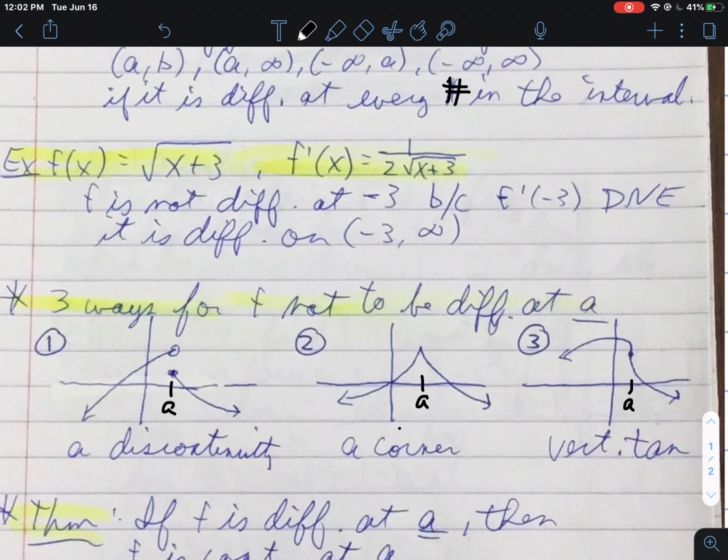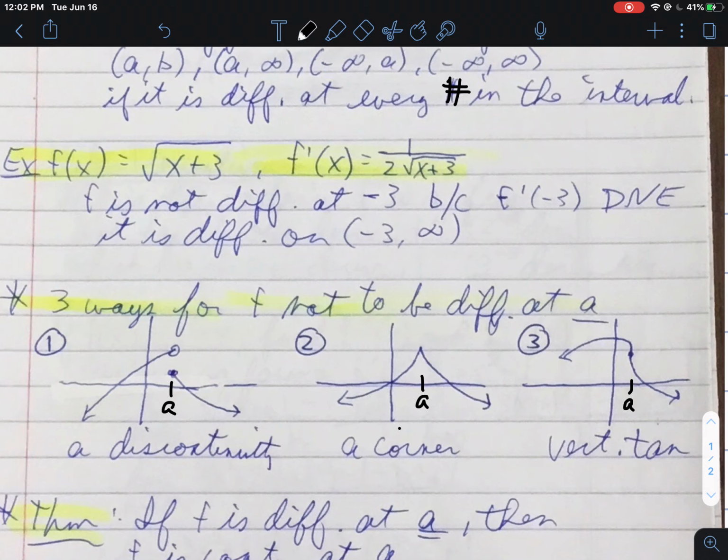Maybe not always in the forefront, but it's always at work in the background. And we have to be careful about whether or not we have continuity to make certain observations about the behaviors of our functions. So differentiability is one of them. I can't have a point of discontinuity, so that means my function cannot be differentiable anywhere where it's not continuous.